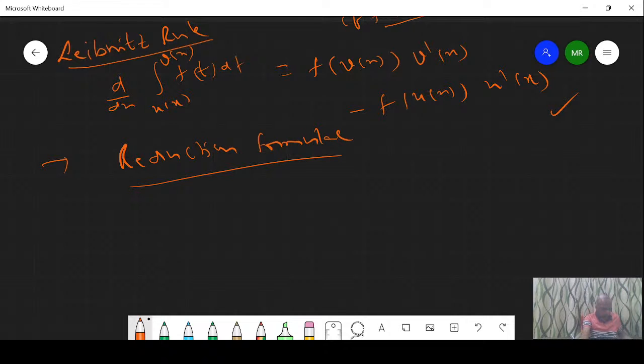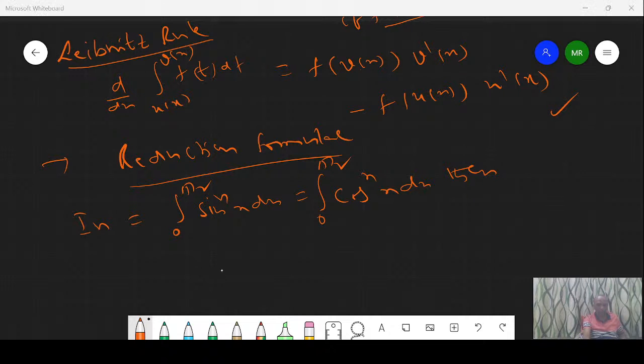Suppose they are given I n is equal to the integral from 0 to pi by 2 of sine power n x dx, and also equal to the integral from 0 to pi by 2 of cos power n x dx.